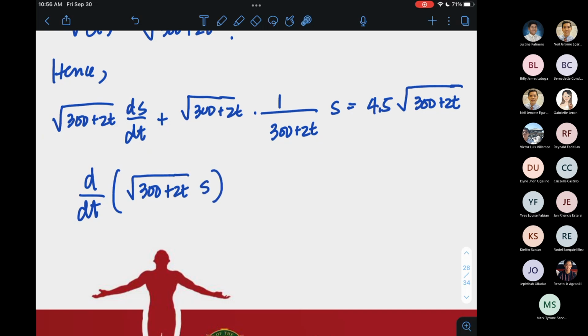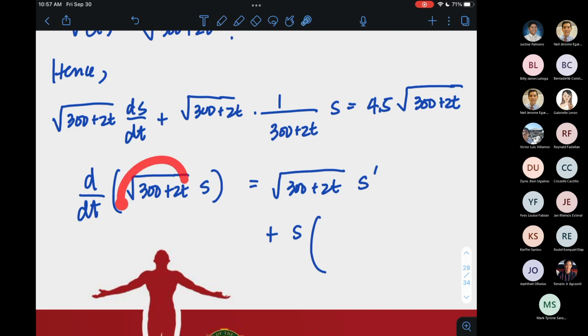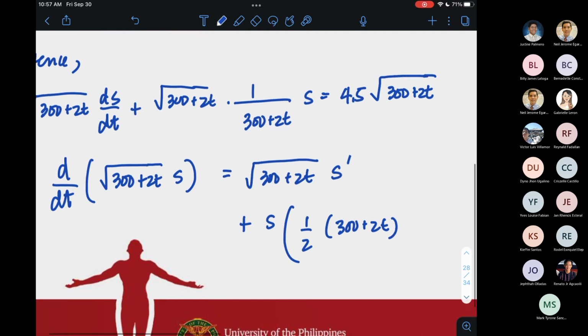Okay, let's check kung tama ba yan. Tama ba yan? So, expand ko lang yung derivative na yan. Magkakaroon ako ng 300 plus 2t times s prime plus, copy the second, times derivative of the first. Derivative nito ay 1/2 times 300 plus 2t raised to the negative 1/2 times 2.